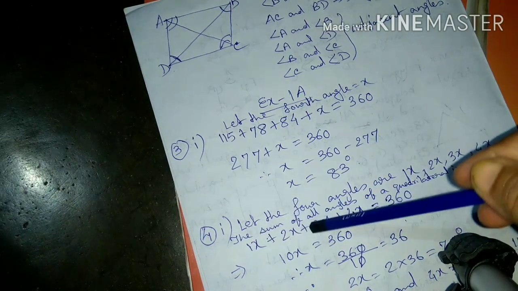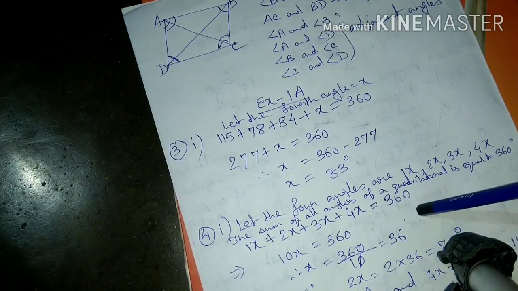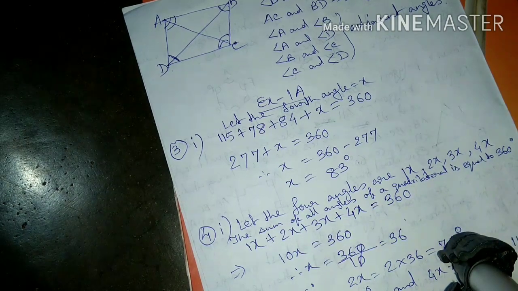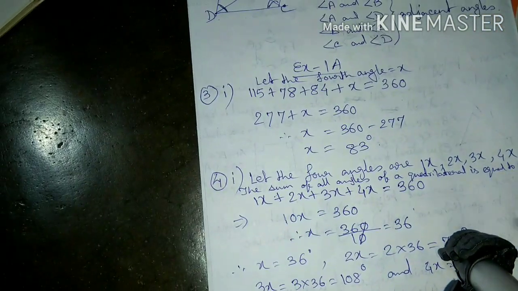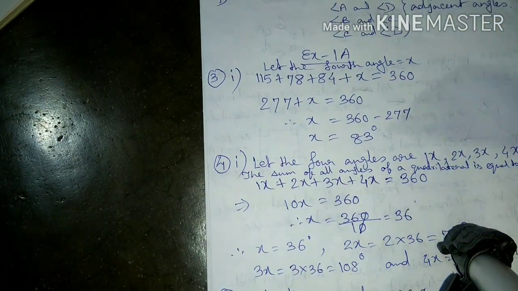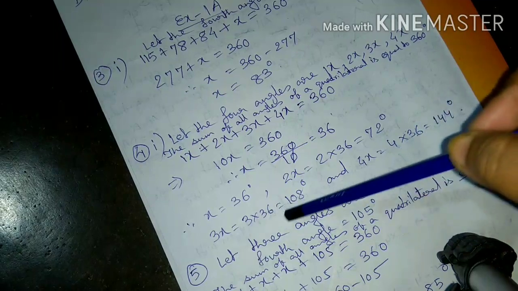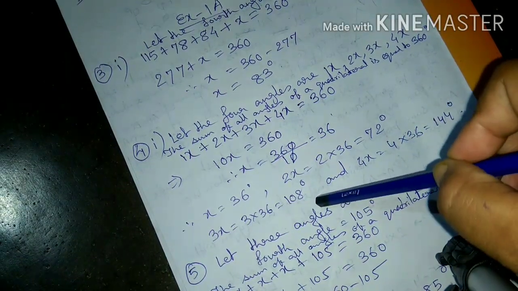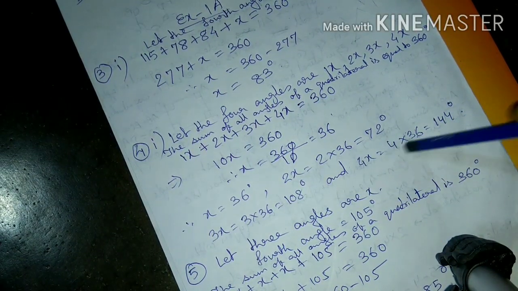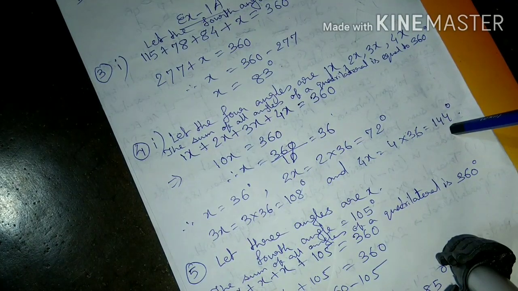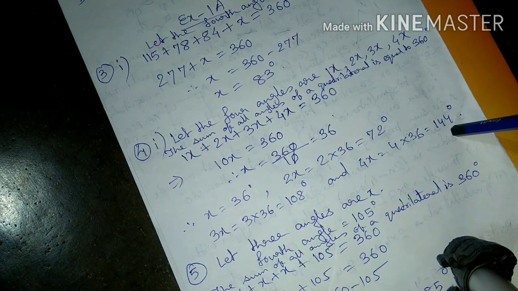That means 1x plus 2x plus 3x plus 4x is equal to 360 degree. You can find out the value of x. Yes or no? So x becomes 36. Then 2x becomes 2 into 36, 72. Then 3 into x, that means 3 into 36 becomes 108. 4 into x, that means 4 into 36, 144 degree.